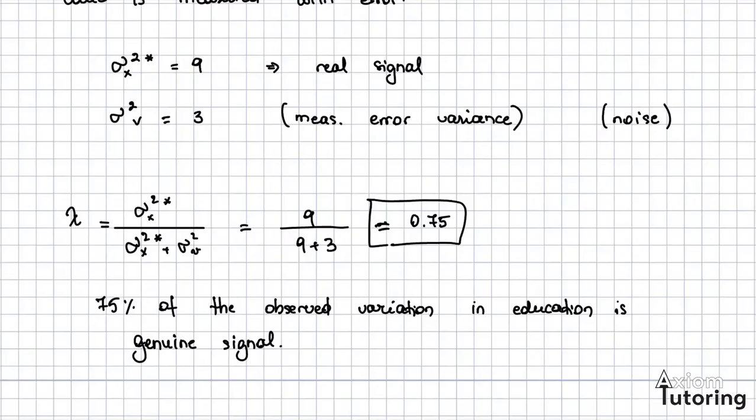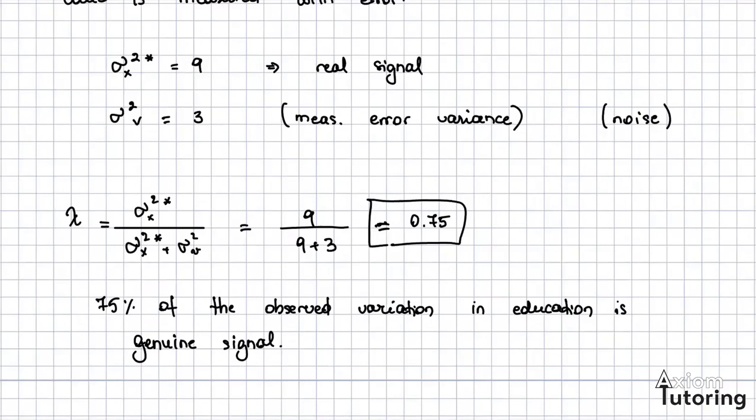Since OLS cannot distinguish between the two, it only recovers this 75% of the true effect, which means the other 25% is lost to noise. Now, this is the reliability ratio interpretation.